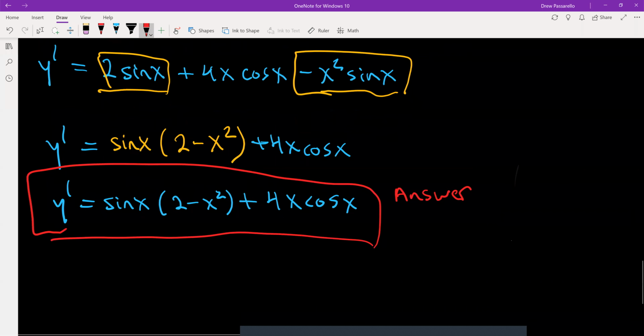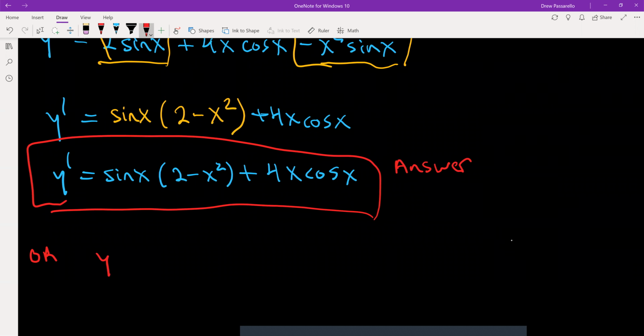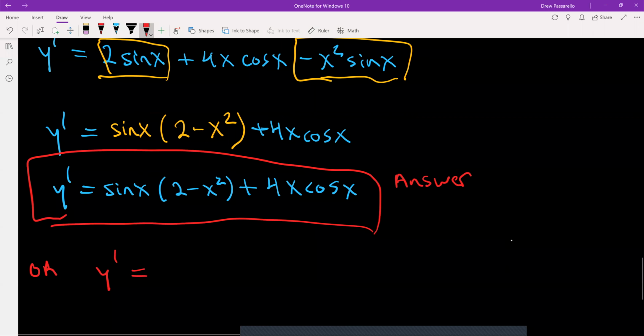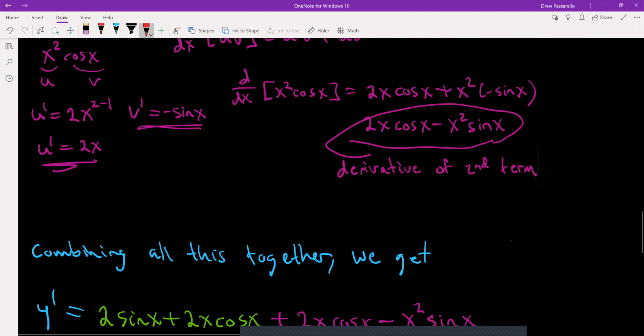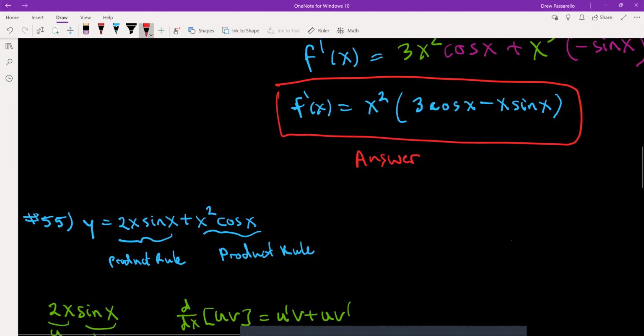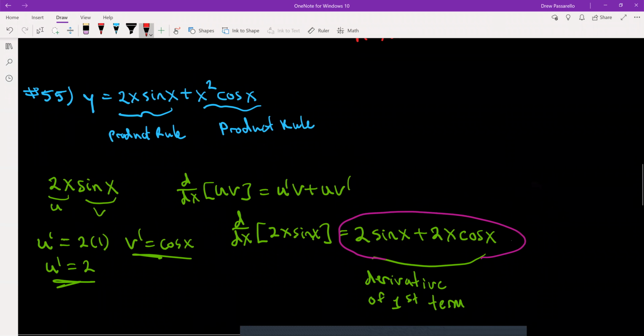Or you could have just left your answer as 2 sine x plus 4x cosine x minus x squared sine x. So either one is fine. All right, so these are the 3 examples I was going to do for the product rule. The next video is going to be 3 examples using the quotient rule.